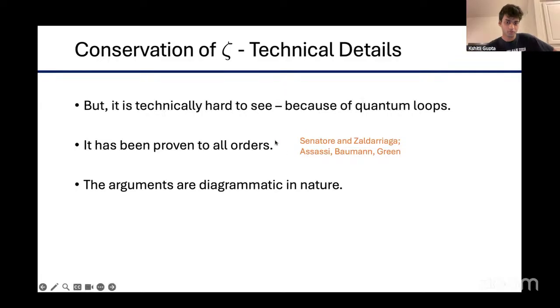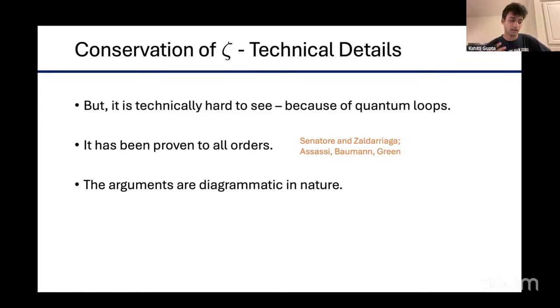It has been proven to all orders by these authors. But the arguments are diagrammatic in nature and they are long, tedious arguments, and you need to show cancellation between different diagrams to finally prove that zeta is conserved or time independent outside the horizon after you take into account all of the quantum fluctuations.